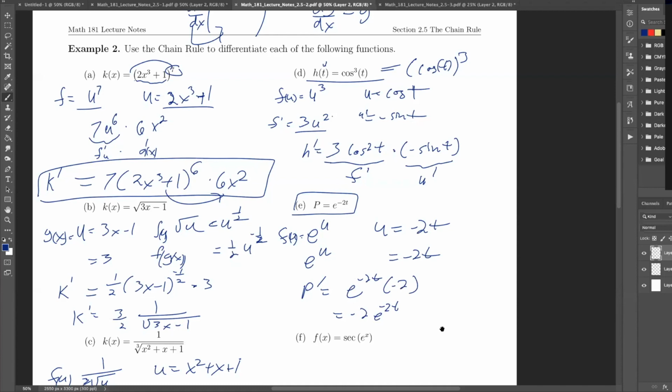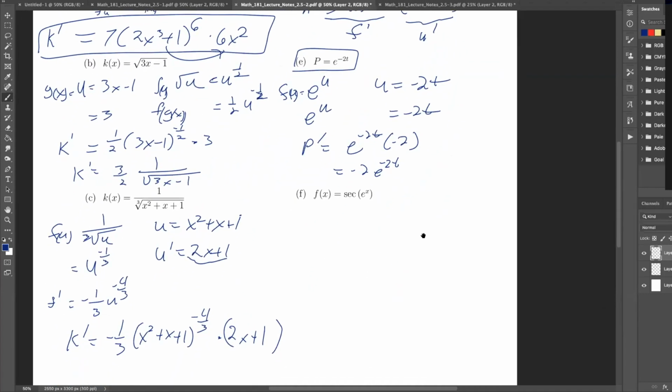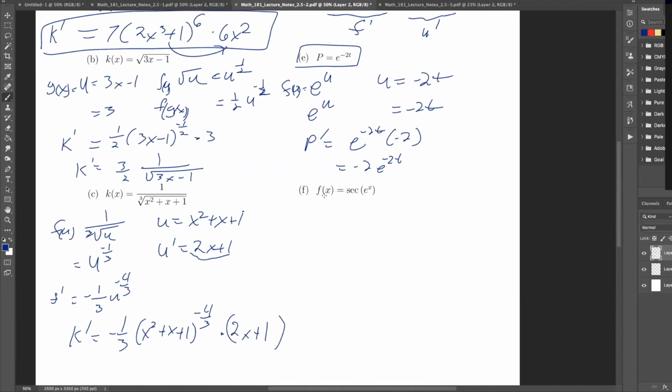All right, now here's an interesting one. Let's pretend we have f of x equals secant of e to the x. So here secant u is going to be my f of u, and then u equals e to the x.